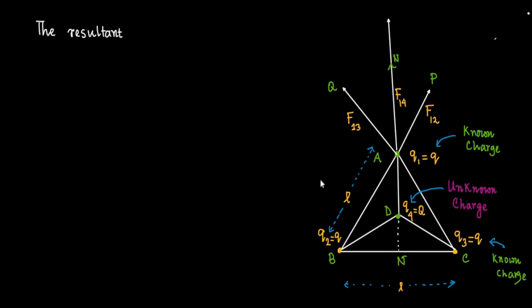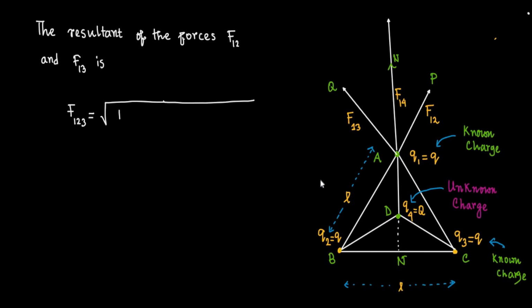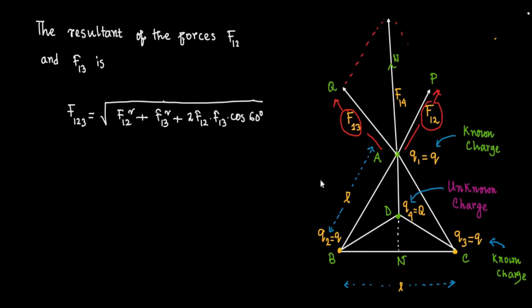The resultant of the forces F12 and F13 is given by F123 equal to root over F12 square plus F13 square plus 2 F12 F13 cos 60 degree. In the diagram, F12 is acting along AP, F13 is acting along AQ, and if we draw a parallelogram, in that case the resultant of these two forces F12 and F13 will be acting along the direction AR.